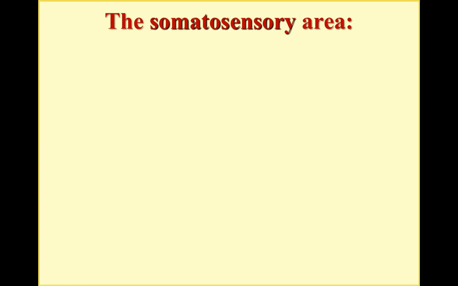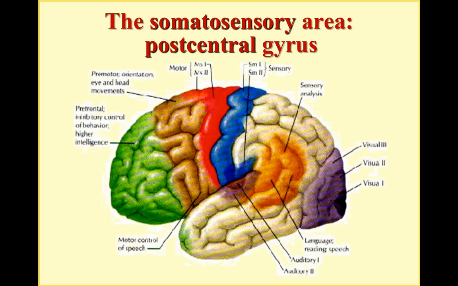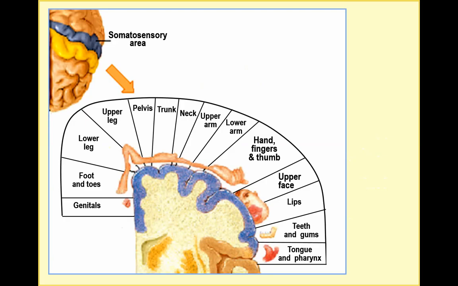Then the somatosensory area, which is located in the postcentral gyrus, behind the central sulcus in the most anterior parietal lobes. This is shown in blue. Here also the whole body is represented, but now it's not muscles and not outgoing control of muscles, but the sensory input for analysis of sensations from the body, the somatic sensations.